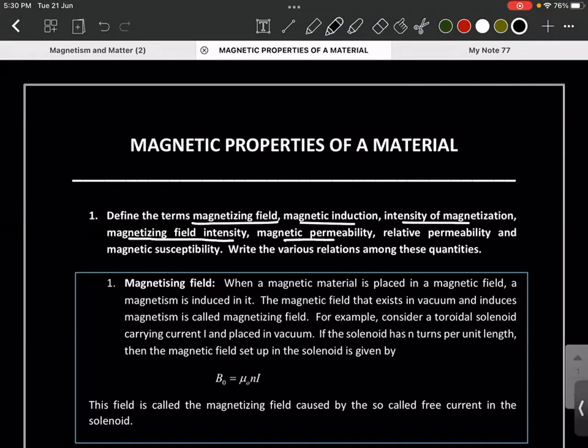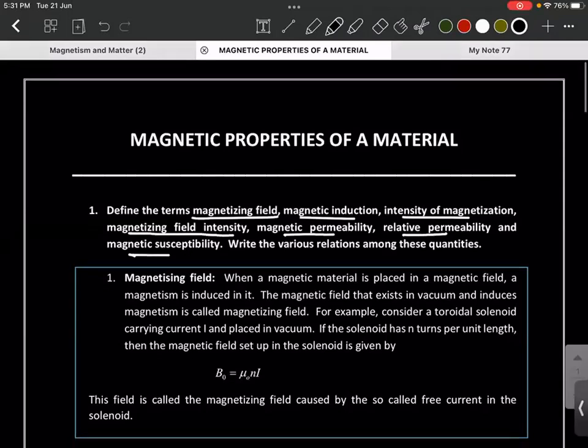We'll be discussing magnetic permeability, relative permeability, and magnetic susceptibility. The last part would be about the relation between relative permeability, magnetic susceptibility and magnetization. We'll be seeing all those terms. By now, you would have understood that the terms sound very similar and close to each other, right? So we need to be very careful about understanding these things.